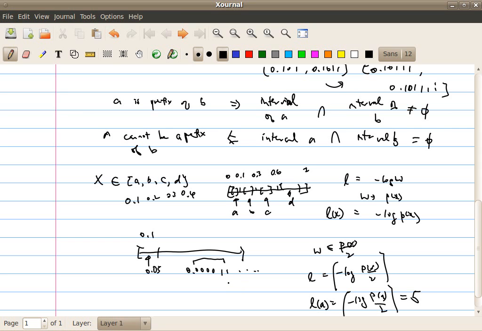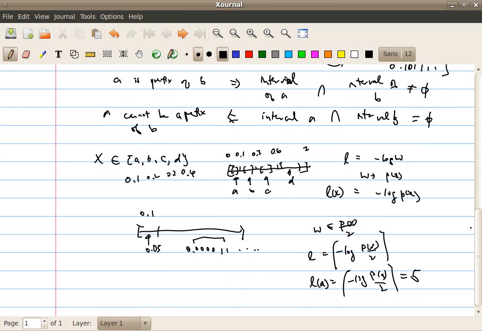as the codeword, then the represented interval will be from 0.00001 to 0.00001 plus the width, and we can easily see that this will include 0.05.